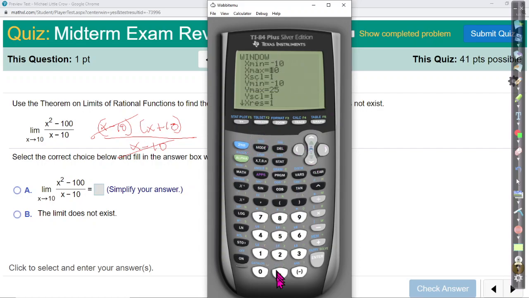I want to go bigger than 10. Let's go to 15. And you'll see, from what we see, it looks like it's continuous. It looks like just a straight line. But there's actually a hole there if we were to try to trace, right? If we go to value, and then we plug in 10, it goes there and says, whoop, there's no Y value. So anyway, that's what we do.